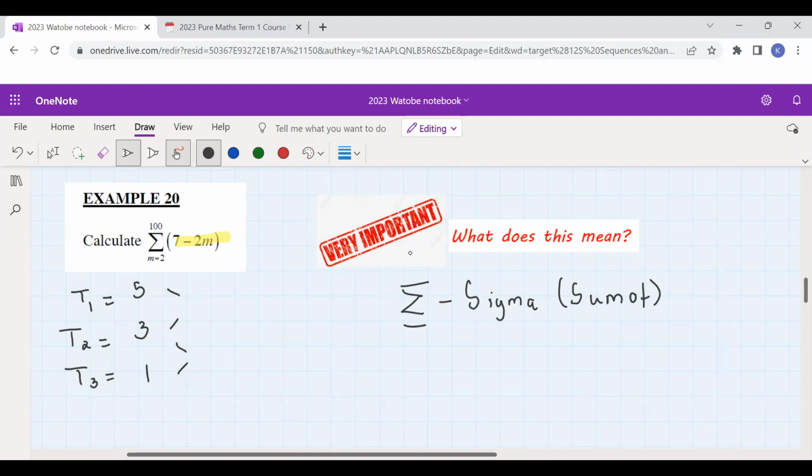Why is T1 5 and not 3? Ma'am, because when you find T1, do you agree that whatever is in the brackets is actually our Tn? Do we agree with that?